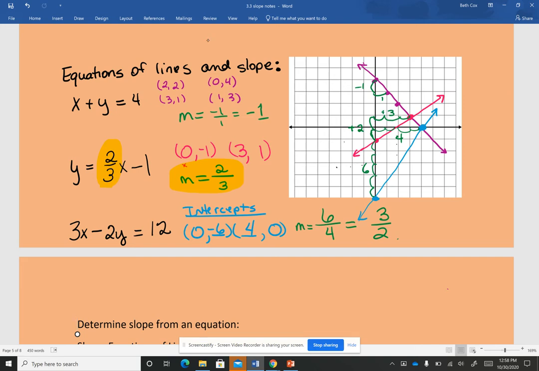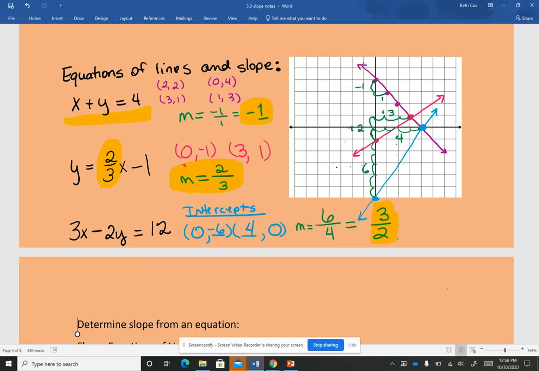Now, I don't see it in the first one. My slope's -1, and first of all, I don't see a negative anywhere. I guess there are ones, a 1x and 1y, but I don't see the negative. The third one, I get 3/2. I do see a 3 and I do see a 2. Is there a connection there? Yes, there is, but I don't know if it's positive or negative.